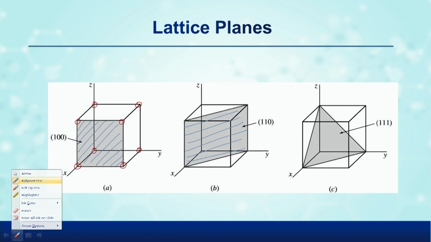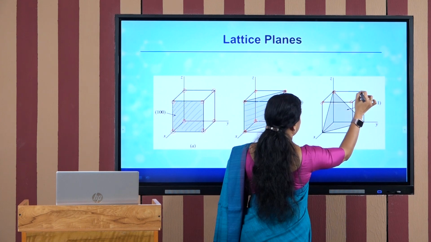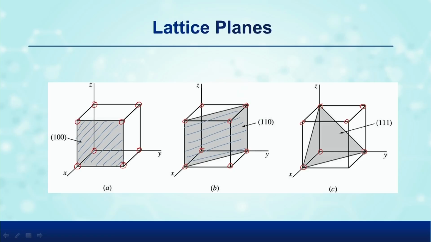Let us mark the structural units. Okay, suppose the particles are at the corners. Okay, you can see that the plane is passing through the lattice points. Okay, now consider the third one. Again, first let us draw the constituent particles.